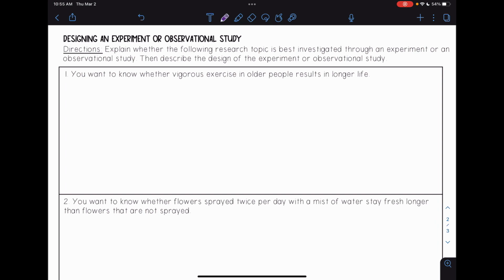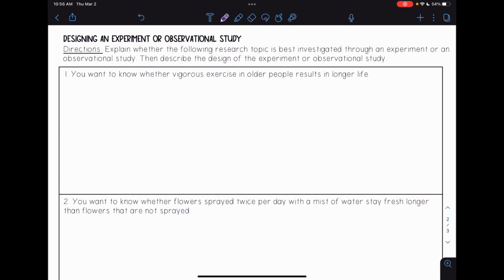So number one, it says you want to know whether vigorous exercise in older people results in longer life. So I need to first determine whether this is best investigated through an experiment or an observational study. Well, if I were going to do an experiment, there would be a treatment group and a control group.